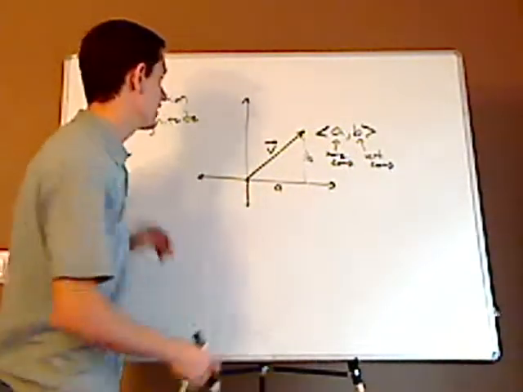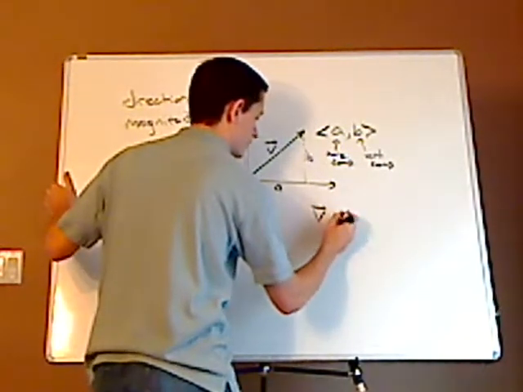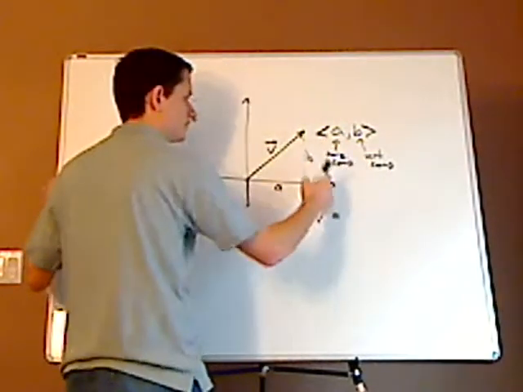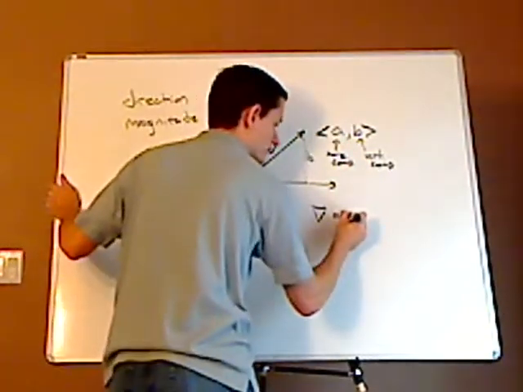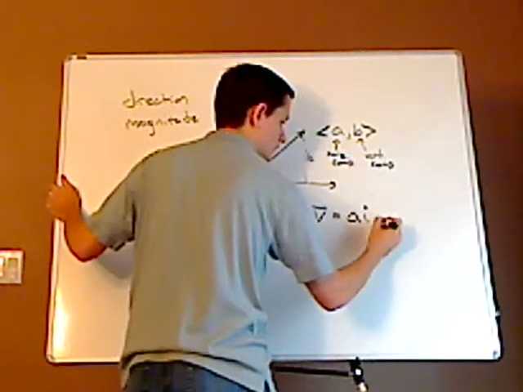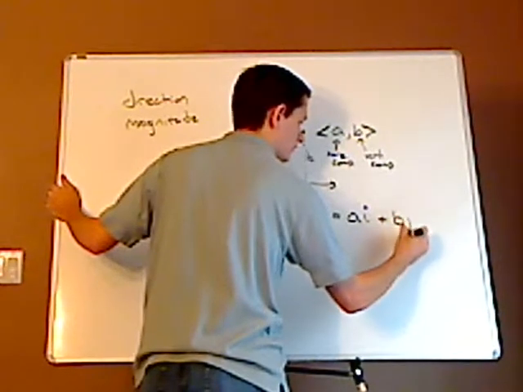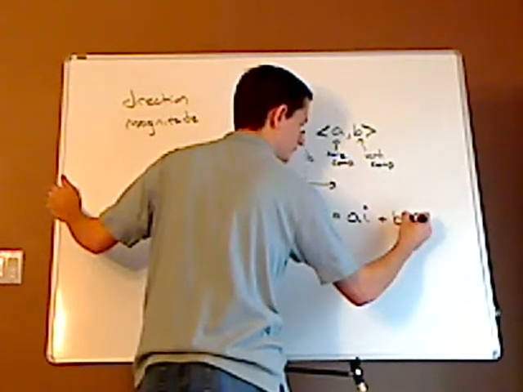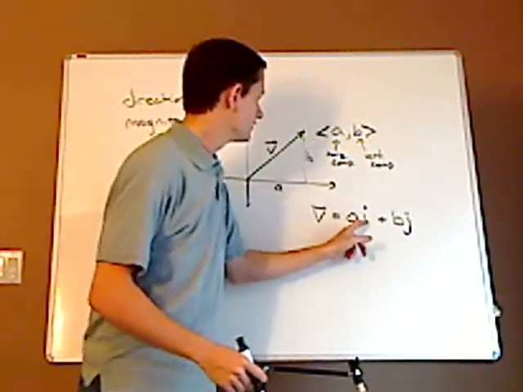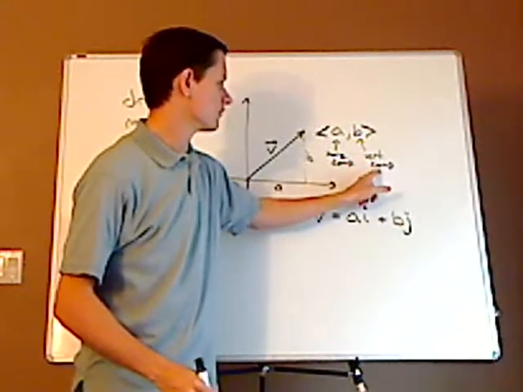Another way to describe a vector, you could say V with a little arrow on top equals, and these are scalars, these are numbers. So this would be A times I plus B times J. I stands for the horizontal component, and J stands for the vertical component.